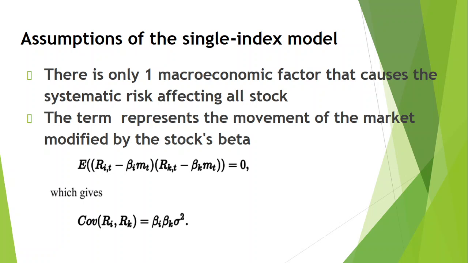Macroeconomic events such as changes in interest rates or the cost of labor cause the systematic risk that affects the returns of all stocks, and the firm-specific events or the unexpected microeconomic events affect the return of specific firms, such as the death of key people or the lowering of the firm's credit rating, that would affect the firm but would have a negligible effect on the economy.